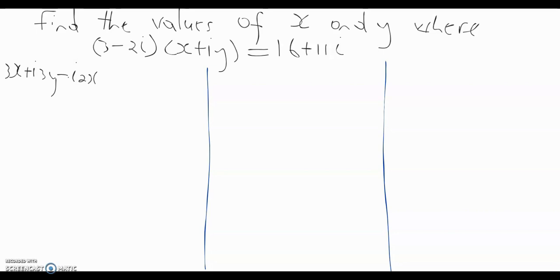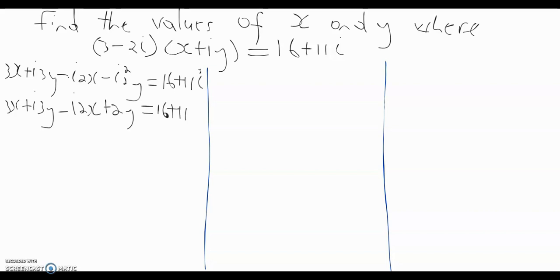So that's going to give me minus i squared 2y. This is equal to 16 plus 11i. Now bear in mind that i squared is equal to negative 1. So we're going to have 3x plus i 3y minus i 2x. And then of course if i squared is negative 1, and we already have a negative here, it becomes plus 2y equals 16 plus 11i.